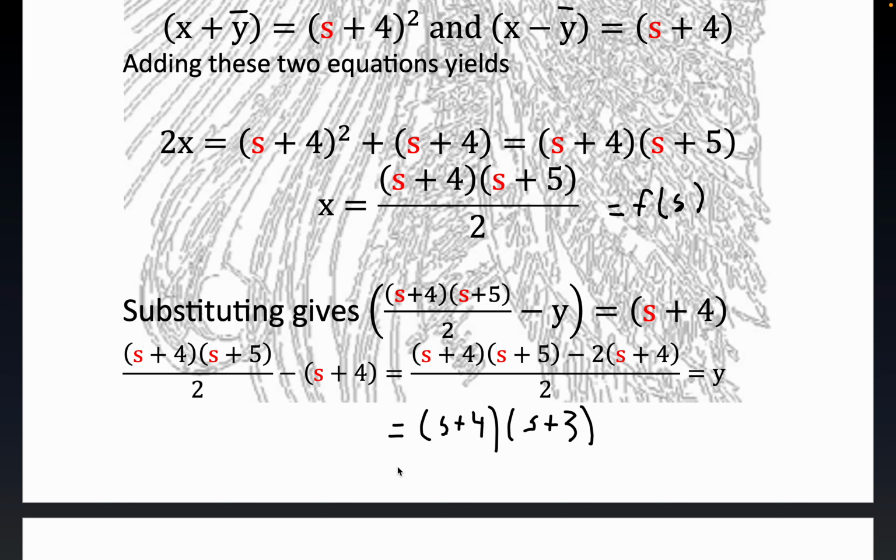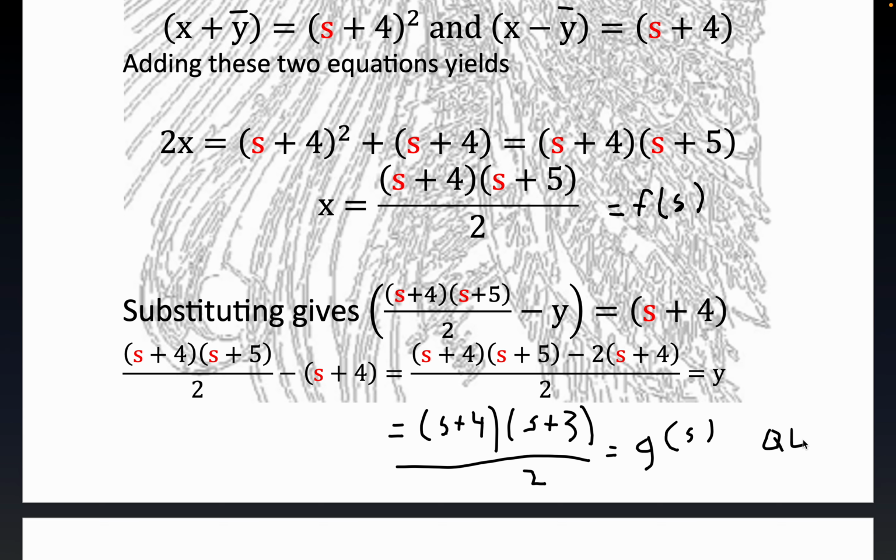So again, another function of s. Call this g of s if you want. So we've produced two different integers that are a function of another unknown integer. And that finishes what we were trying to prove.